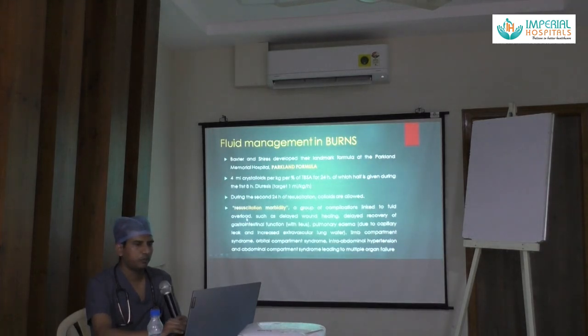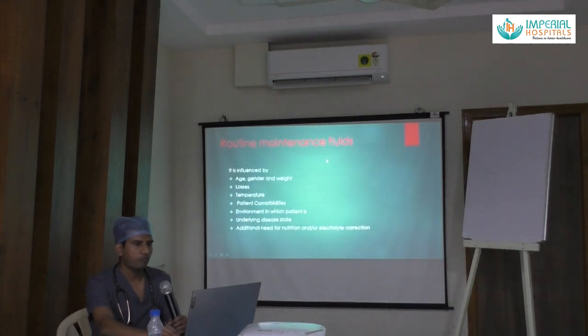Complications linked to fluid overload include delayed wound healing, delayed recovery of gastrointestinal function like ileus, pulmonary edema, limb compartment syndrome, orbital compartment syndrome. All these are associated with over-resuscitation with fluid. So the new recommendation is only 2 ml per kg crystalloids per percent total body surface area.